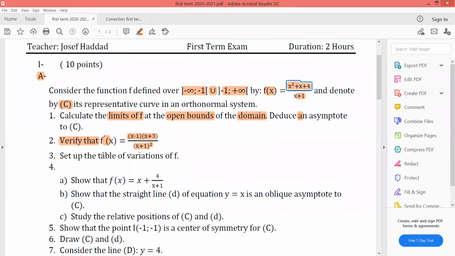Set up the table of variations of f. To set up the table of variations of f, we have to study the sign of the derivative.